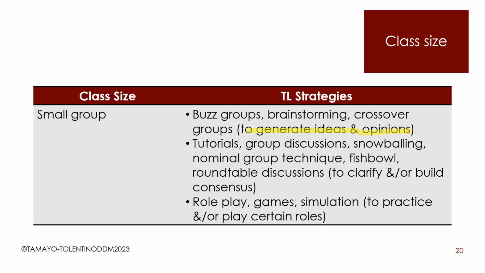If the objective is to clarify or to build consensus, we can employ tutorials, group discussions, snowballing, nominal group technique, fishbowl, or roundtable discussions. And if we want the learners to practice and or play certain roles, we can do role play games or simulation.